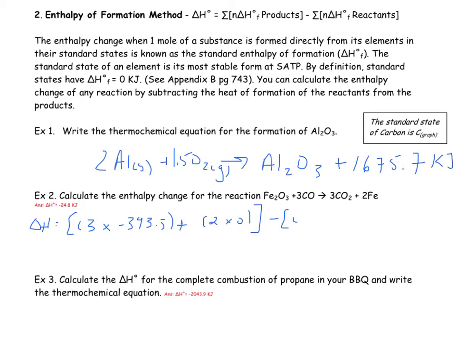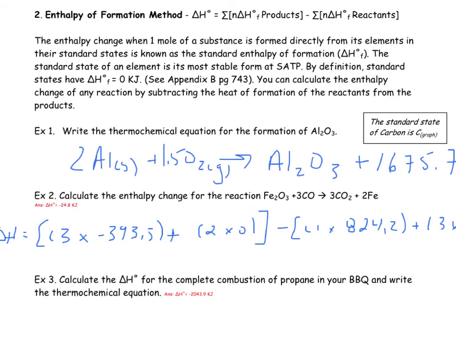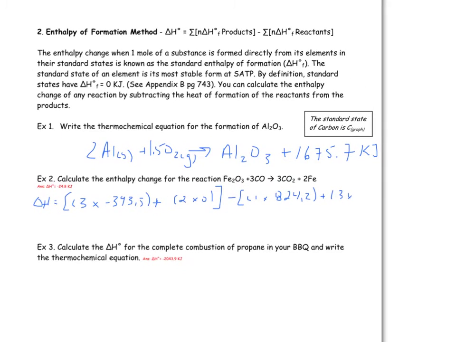For reactants, I use 1 mole of iron oxide, and 3 moles of CO. Sorry, CO. I usually simplify my equation before I do the subtraction.